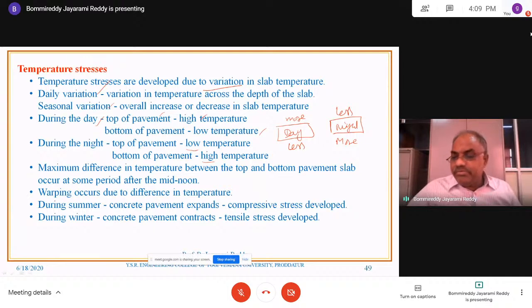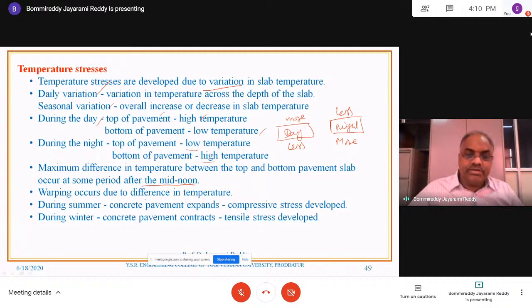So here we have to find out the maximum possible worst cases. Maximum possible worst cases means maximum possible magnitudes of the tensile stresses induced in the pavement. So the maximum difference in temperature between top and bottom of the pavement slab occurs at some period after mid-noon.